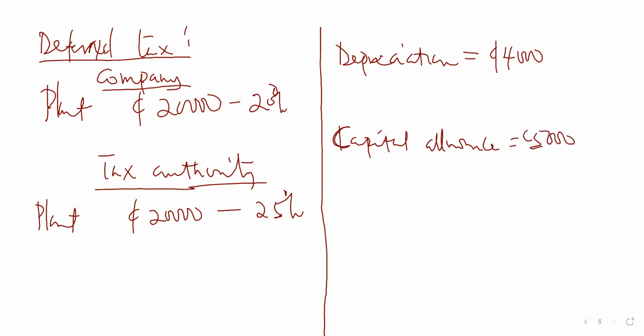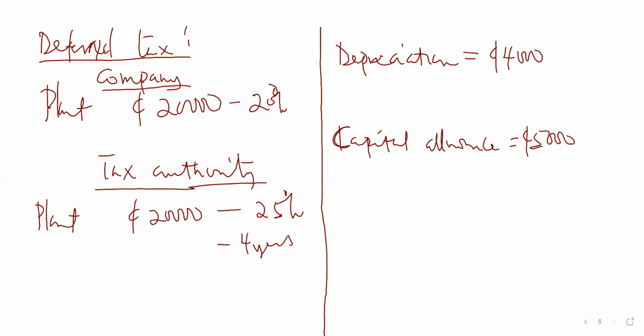Okay, you can see that at the end of the fourth year, the tax authority is not going to give capital allowance again in the fifth year, isn't it? Yes, because they are going to use the asset for 4 years.